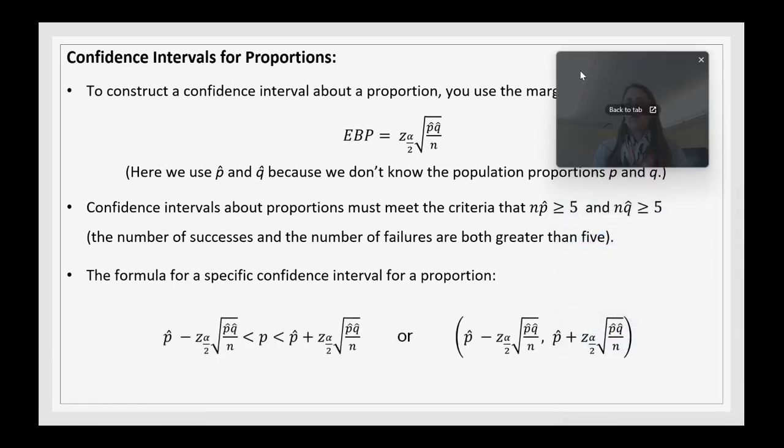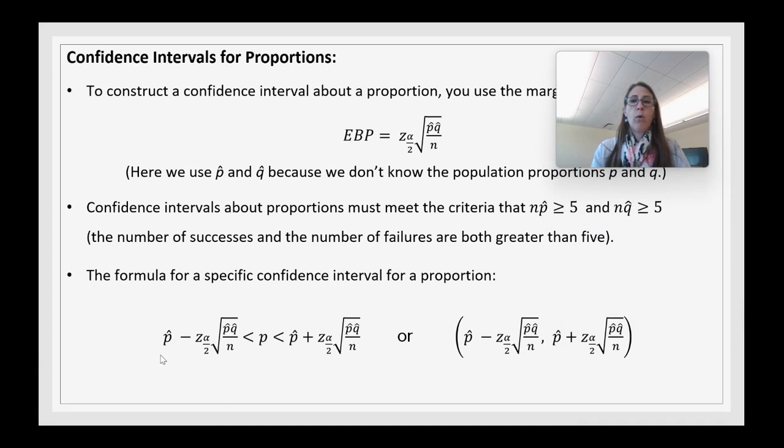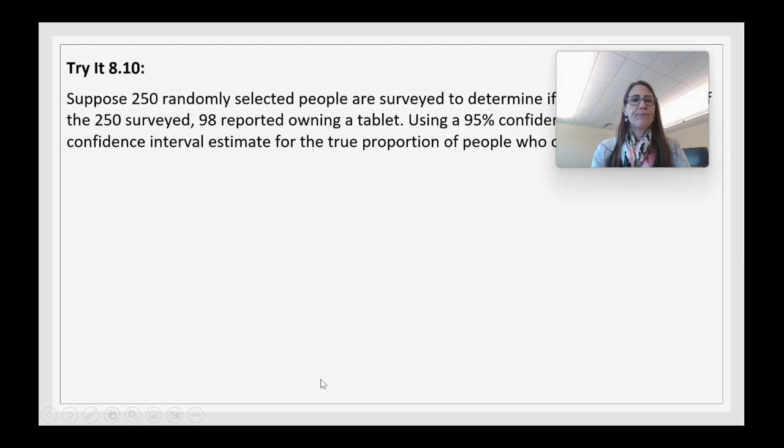I know these always look a little crazy, but it's your point estimate, your sample proportion, minus your EBP, so the z-score times the standard deviation, and plus, the lower bound and the upper bound, just like we did with means in 8.2. And again, your successes and your failures have to both be greater than 5.